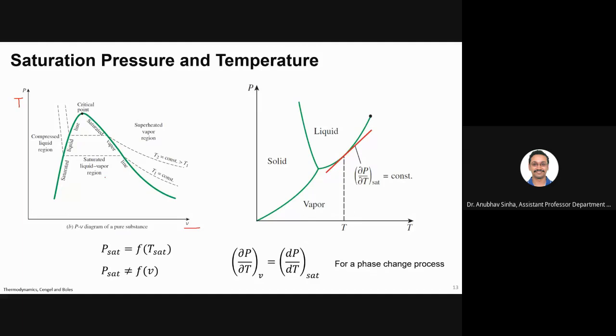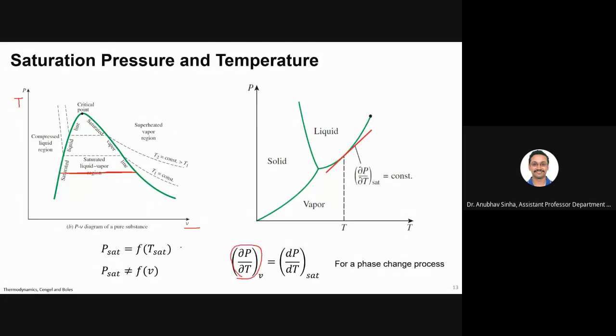Even for that plot, if I fix the pressure, then temperature becomes constant. If you recall, we have discussed this previously. Either you fix the temperature or you fix the pressure, the other one becomes constant. So here we are focusing on pressure. Basically, we are interested in dP by dT.